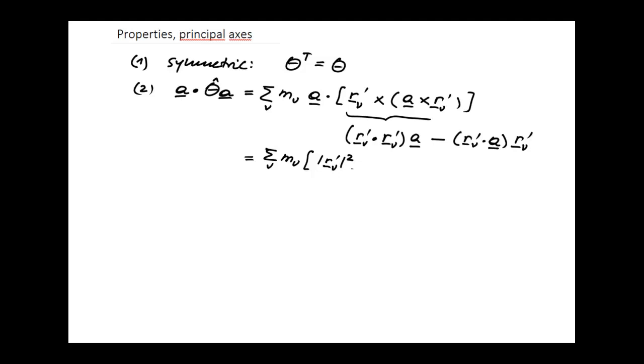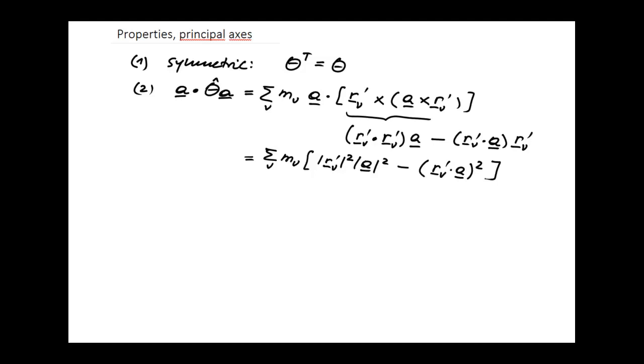a dot a gives absolute value a squared. And we subtract from that the scalar product of r nu prime with a, squared. Now the absolute value of a scalar product is always less or equal to the product of the absolute values. So the second term in the square bracket is always less or equal to the first term.